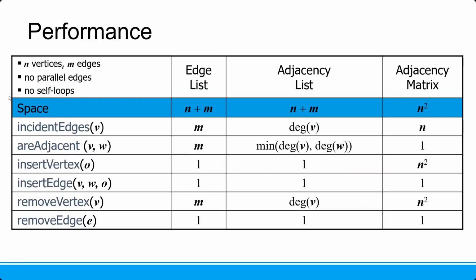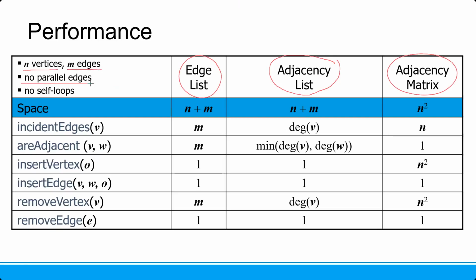So we need to calculate the performance. There are three kinds of data structure. You can use the edge list structure, the adjacency list structure, or the adjacency matrix structure. Let's say you have n vertices and m edges.